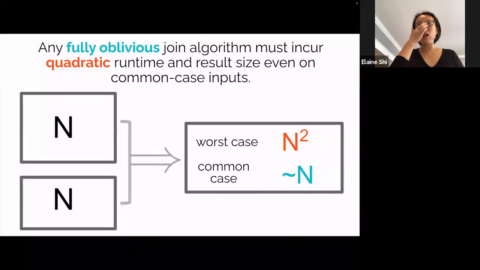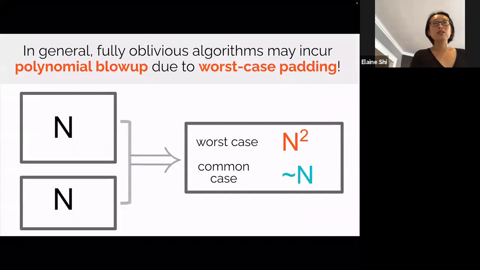When the database is large, let's say several hundred gigabytes or terabytes, there's actually a big difference between a quadratic time algorithm and a linear time one. So to summarize, in some cases, fully oblivious algorithms can incur polynomial blowup due to the worst case padding and not the commonly believed logarithmic blowup.